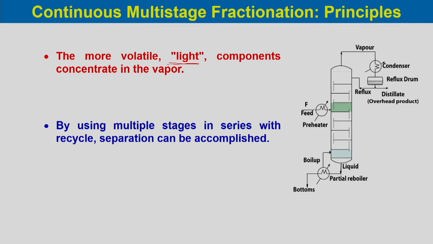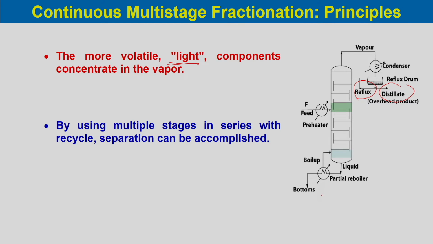So, by using multiple stages in series with recycle, separation can be achieved. You can see multiple stages shown over here, and part of the product, suppose you have a distillate taken out from the overhead product, and part is returned over here. So, the degree of separation you want to get, you can obtain from here.